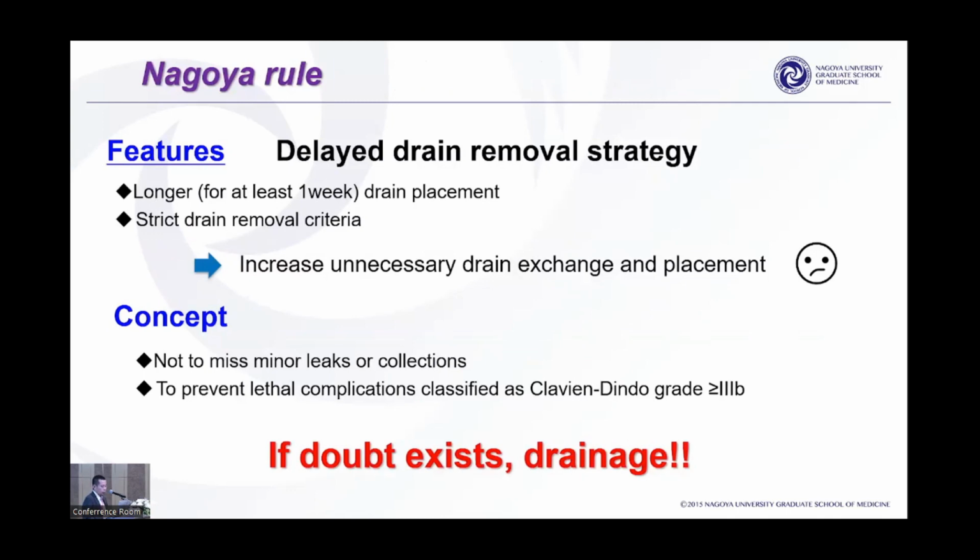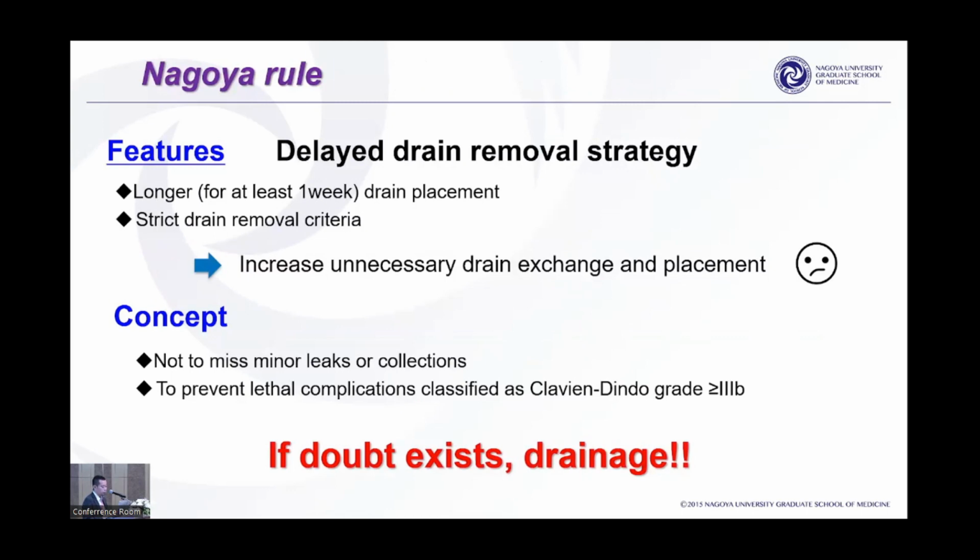Our drain management is so-called delayed drain removal strategy, featured by longer drain placement and strict drain removal criteria. And this strategy may increase unnecessary drain exchange and placement.